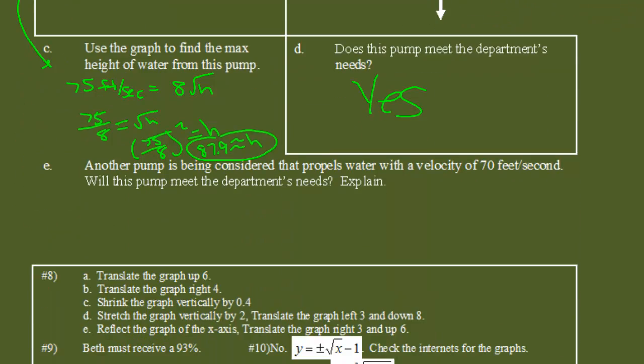E. Another pump is being considered that propels the water with a velocity of 70 feet per second. Will this meet the department's needs? Well, we change the 75 here to a 70 feet per second. Divide both sides by 8. Square both sides.